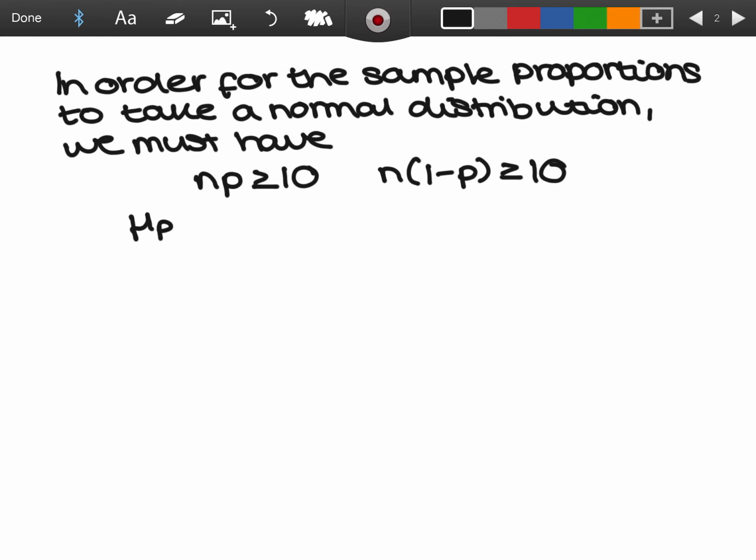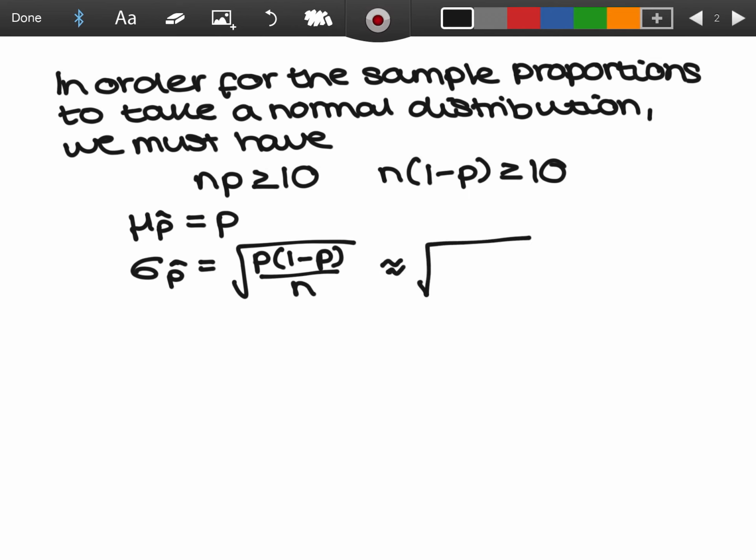And then you can say that the mean of the sample proportions is just the population proportion, and the standard deviation of the sample proportions will be one of these two. It's actually equal to this, but you can estimate it by using that sample proportion instead.